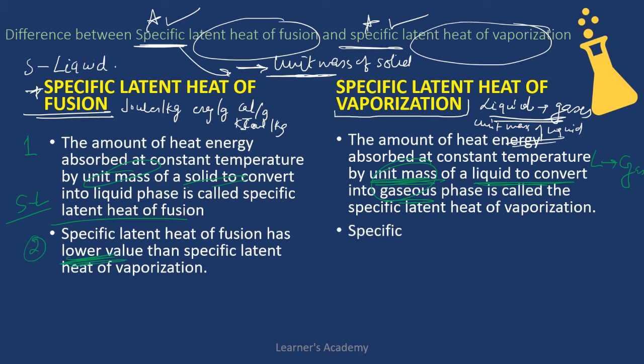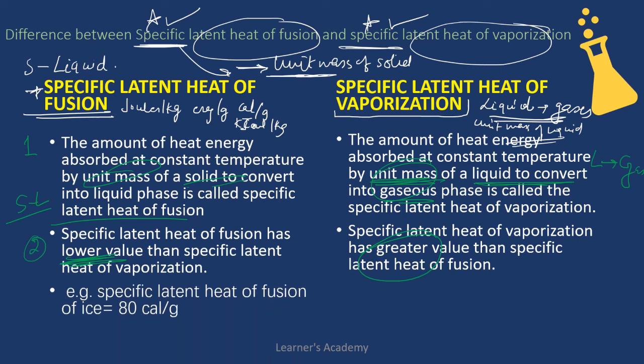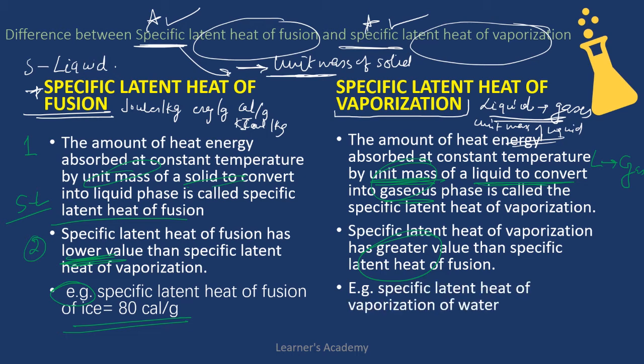On the other hand, specific latent heat of vaporization has a greater value than specific latent heat of fusion. Very simple. For example, specific latent heat of fusion of ice is 80 calorie per gram. On the other hand, specific latent heat of vaporization of water is 540 calorie per gram.